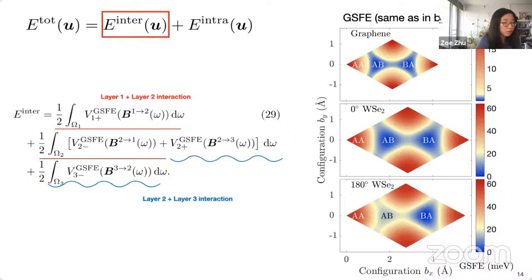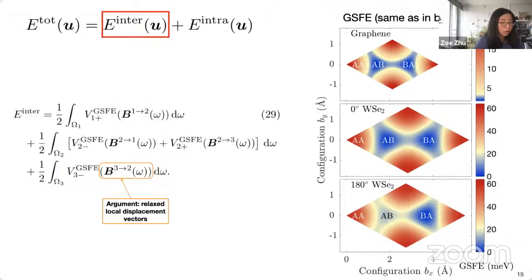The interlayer energy is the sum of every pair of interlayer interactions between layers 1, 2 and layers 2, 3. Also note that the argument is the relaxed local displacement vector. This big B is defined as the sum of the original configuration little b plus the little u. So this is really a relaxed position, meaning that if the atoms relax to a lower energy configuration, say an AB stacking after relaxation, the energy cost will be reduced.